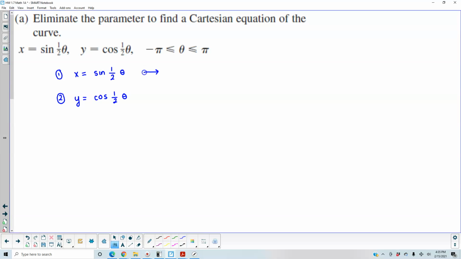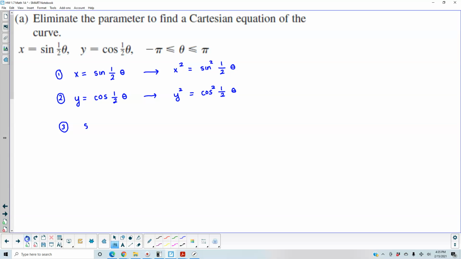Now, if we decide to square both sides, we're going to get x squared, which is equal to the sine squared of 1/2 theta. And if we square both sides, we get y squared, which is equal to the cosine squared of 1/2 theta. So what we do know is that we have an identity.